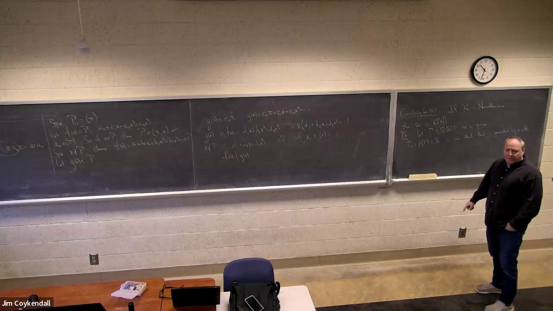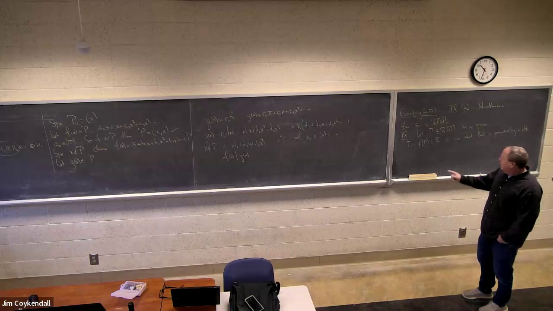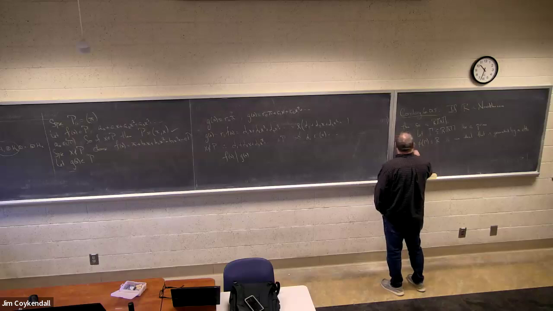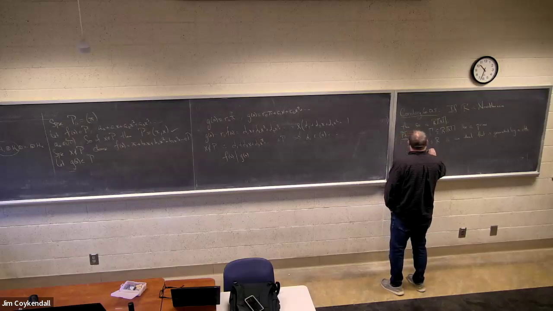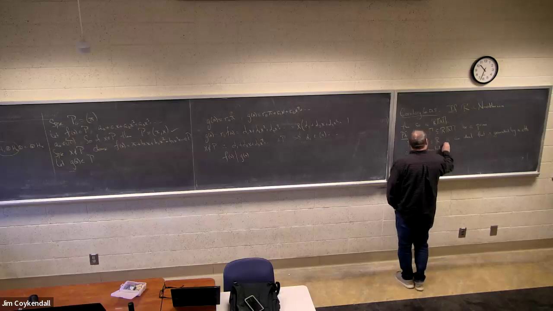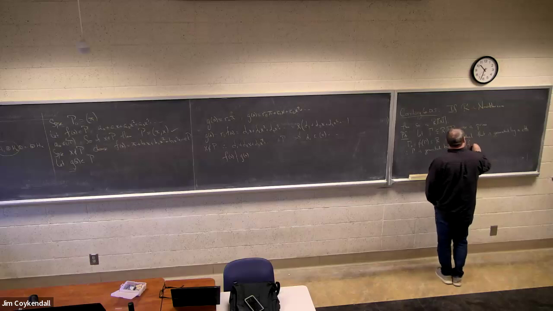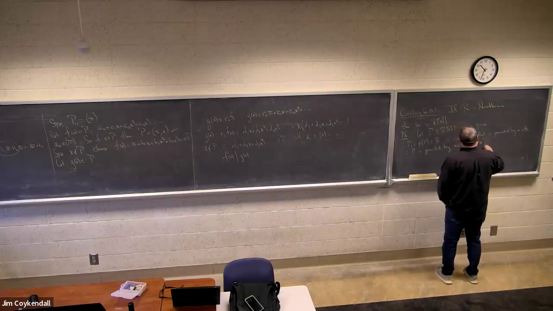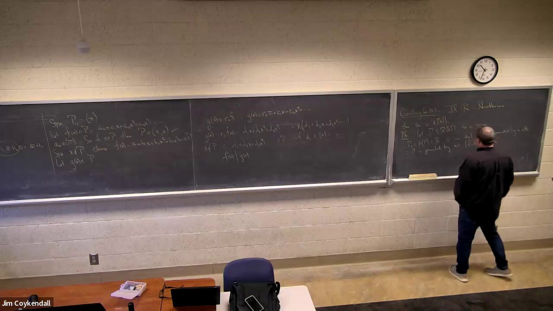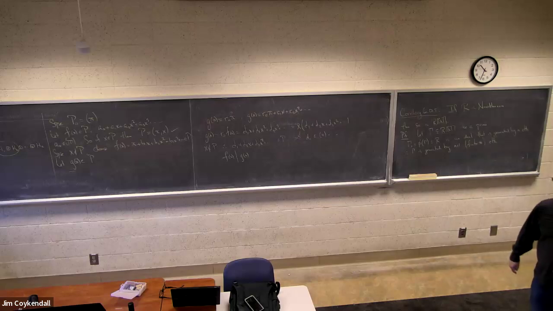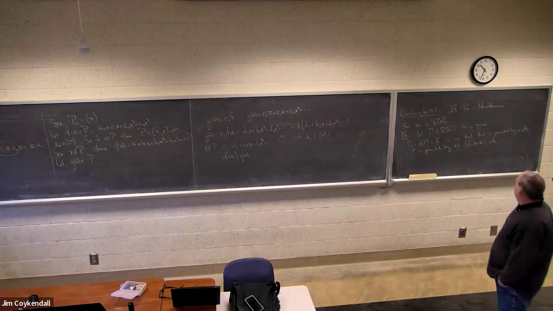And I know this because R is Noetherian, right? So that ideal has to be finitely generated. Therefore, gamma is generated by n plus 1 elements. So by the previous result, we have that gamma, the original, can be generated by n plus 1 or maybe n, but certainly n plus 1 elements, right?